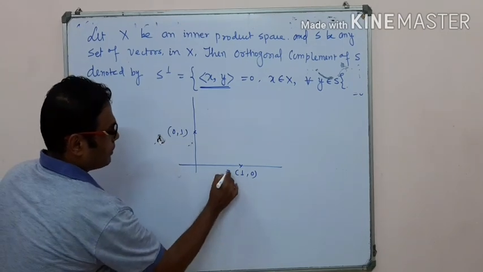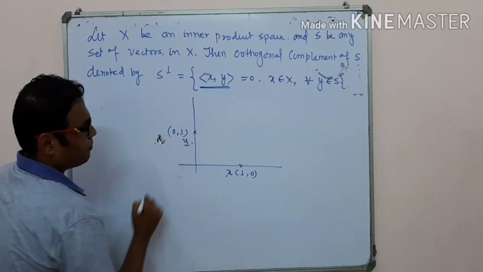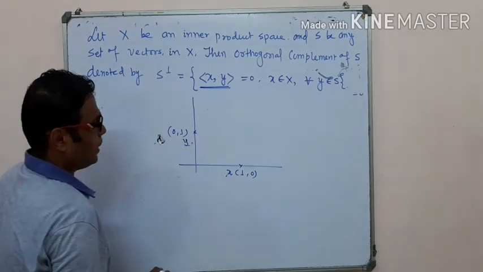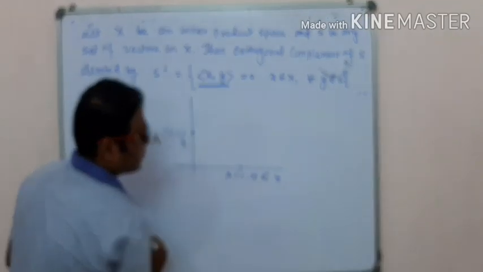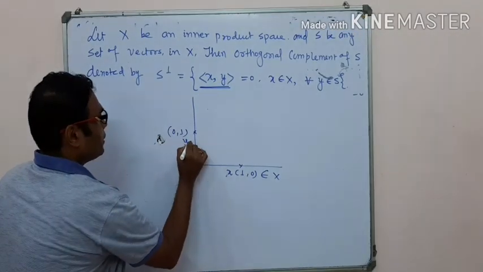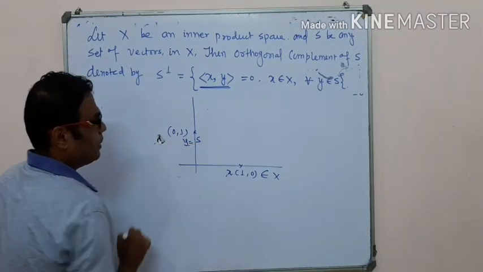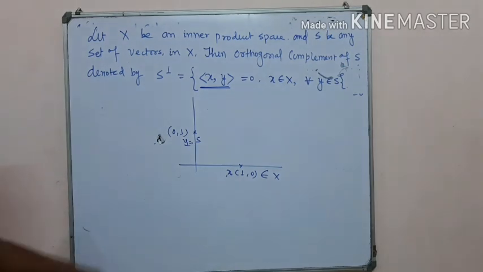So x is perpendicular to y, or y is perpendicular to x here. Suppose this is an element of capital X, then obviously this is an element of capital S here. So this is the structure of the orthogonal complement.